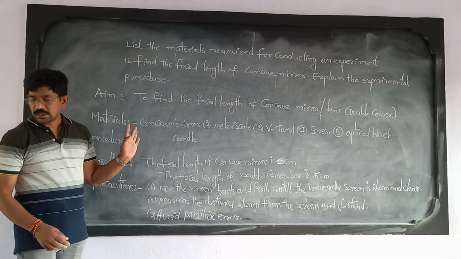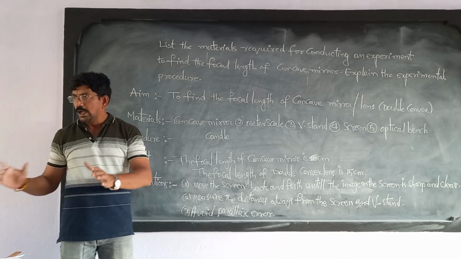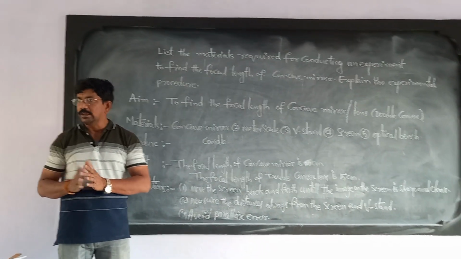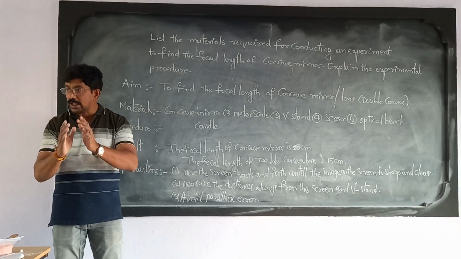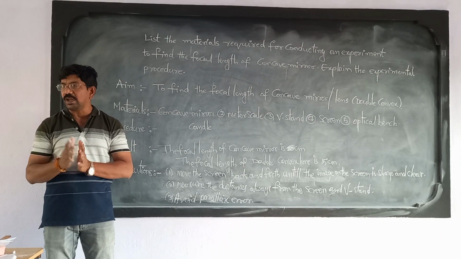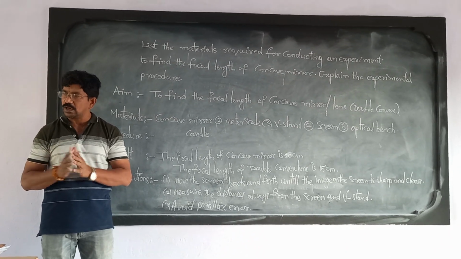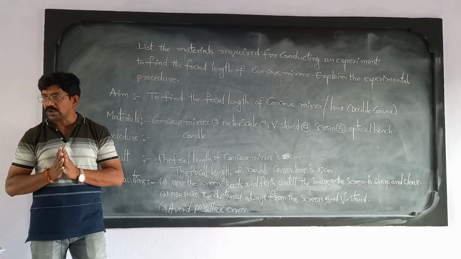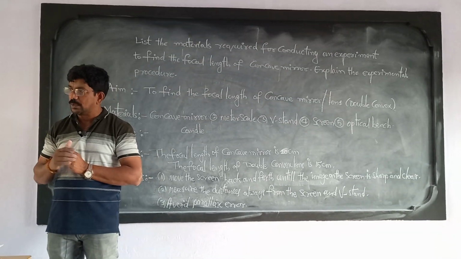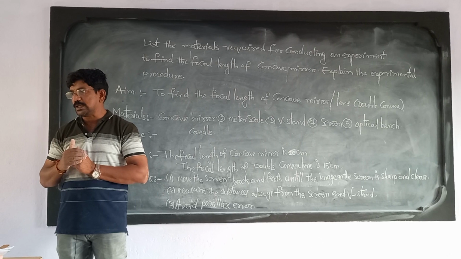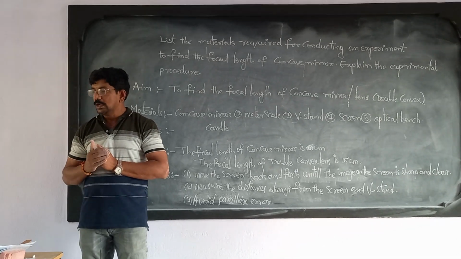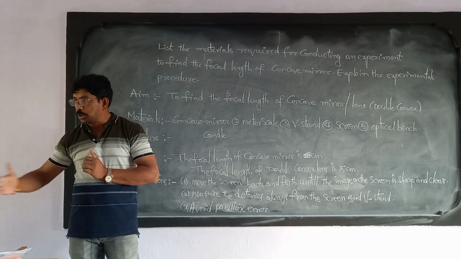Already we discussed the procedure. What is the procedure we followed here? I arranged the optical bench and kept the V stand. There I erected the concave mirror, or in the case of a lens, the double convex lens, whatever the lens may be. After that I focused the mirror or lens towards the distance object and arranged the white paper screen.